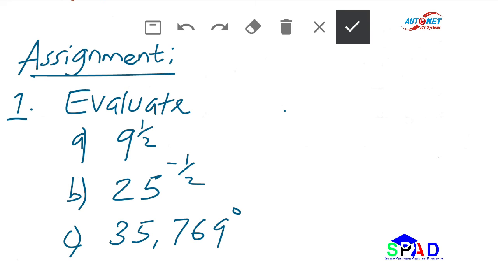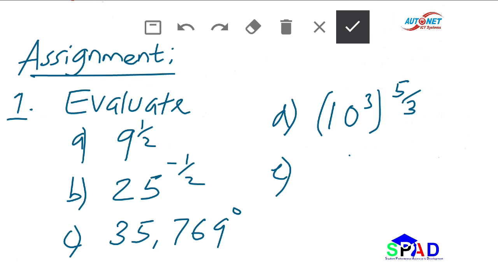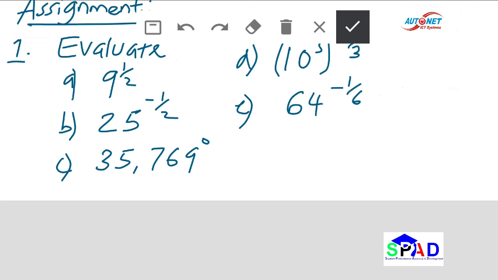Next, D, 10 to the power 3 raised to the power 5 over 3. E, 64 raised to the power minus 1 over 6. That one is for evaluation.